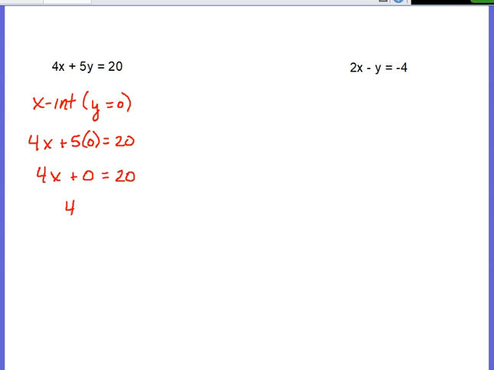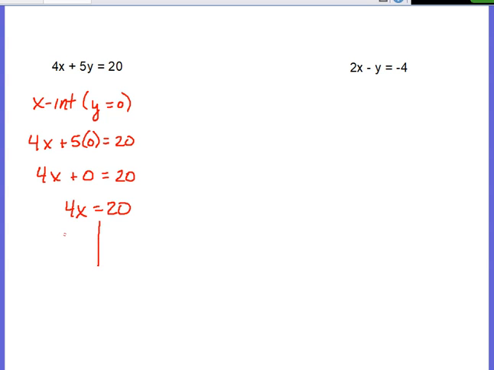Okay, so for this one, my x-intercept. Remember, for my x-intercept, y is equal to 0. So if I make this and say that y is equal to 0, all you have to do is substitute 0 in for y. So 4x plus 0 equals 20. Well, that means that 4x is equal to 20.